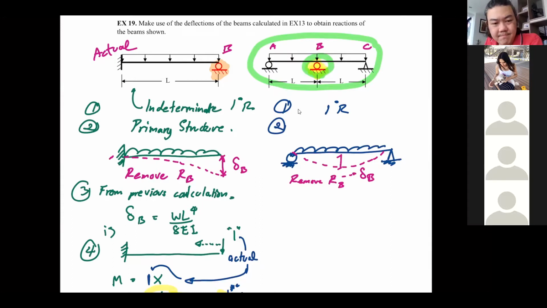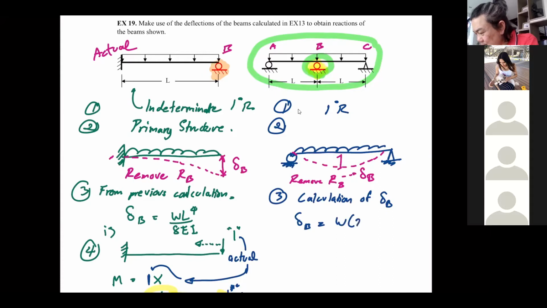Are you with me so far? Yes. Thank you. So from previous calculation of delta B, the formula is for 1L, but this time we have 2L. So delta B will be W (2L) to the power of 4 over 384 EI, right?